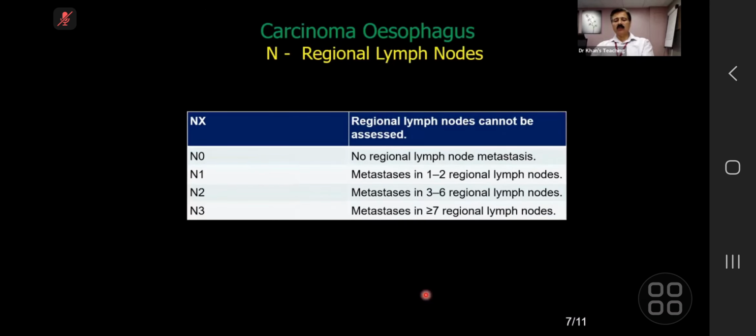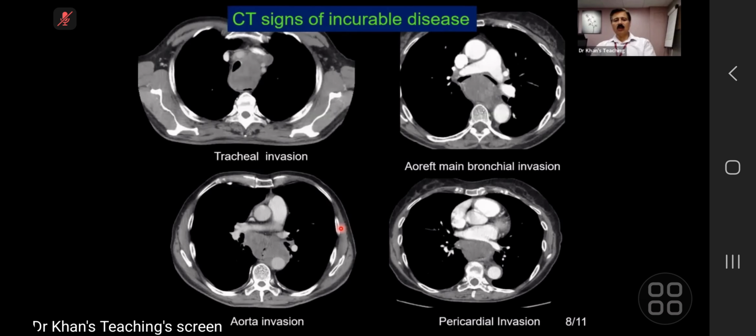So, regional nodes, of course, N staging. I am not going to go into details, but 1 to 2 nodes is N1, 3 to 6 is N2, and more than 7 is N3. Now, here is the take-home point, and you have to concentrate on what I am going to teach on this particular slide.